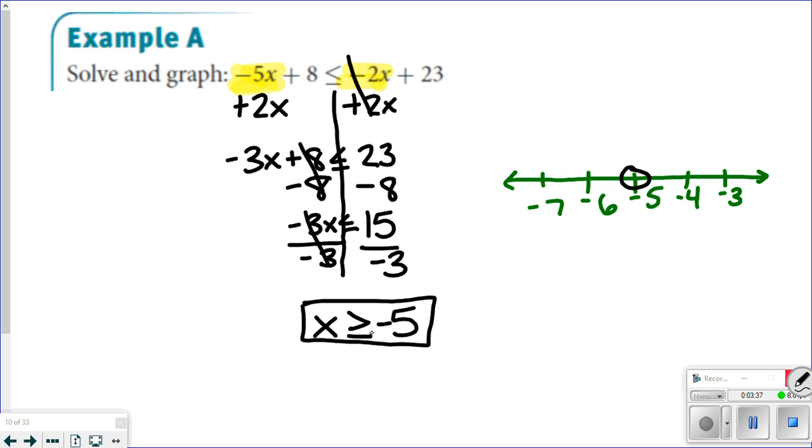Because this is or equal to, there's a line underneath my inequality symbol. That means negative 5 is included. It's an answer. So we're going to fill in or color our circle. We need all x values greater than or equal to negative 5. So greater than are the numbers to the right, towards your negative 4, negative 3, 0, 5, 11.